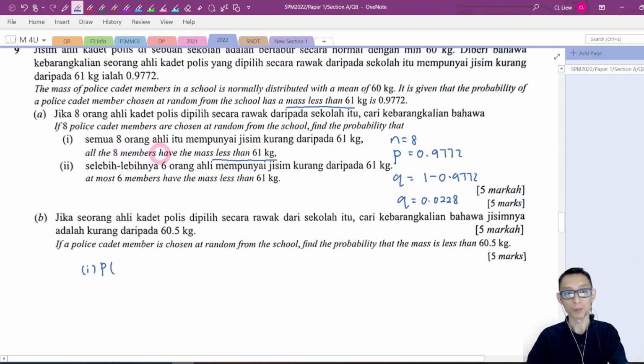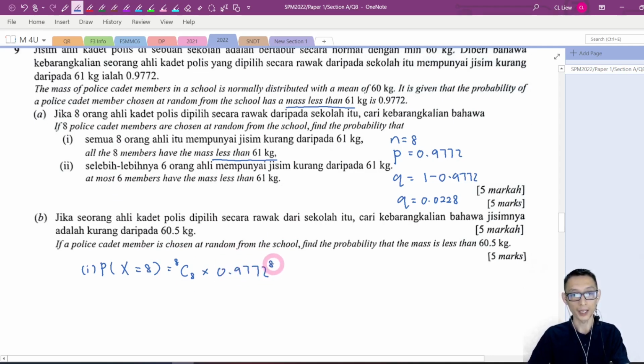Now, for part 1, all the 8 members have the mass less than 61 kg. So X is equal to 8. Using the formula nCr: 8C8 times P, 0.9772 raised to the power of 8, times Q, 0.0228 raised to the power of 0.